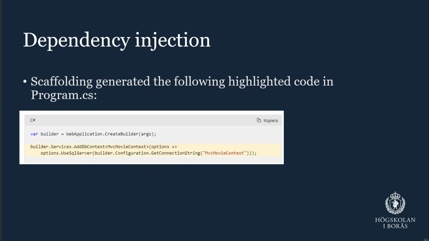Regarding the dependency injection, the scaffolding tool generated the following highlighted code in our Program.cs file. As we can see here in the yellow highlighted area, through our builder, where we can attach different services and later on request them, we have attached our DbContext of the form MvcMovieContext and passed in our options variables, which use our SQL Server, and then our builder and the configuration for the connection string to use.